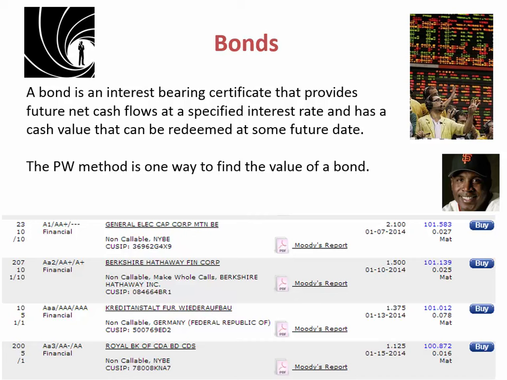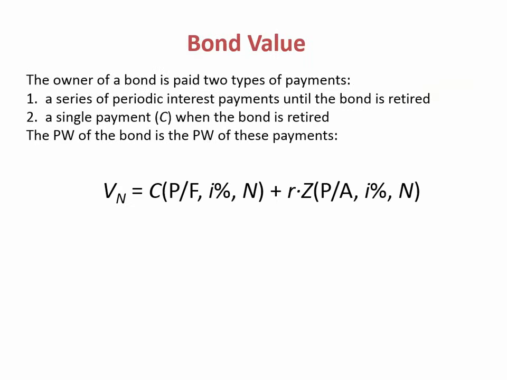They're given letters like AAA, A2, B, and so on. When you're purchasing the bond, it will tell you when it matures, which is when you get that main lump sum payment back, and usually they'll calculate the yield for you if you buy it now and hold it until the bond matures. So here is the formula that shows the two pieces that give you value from the bond.